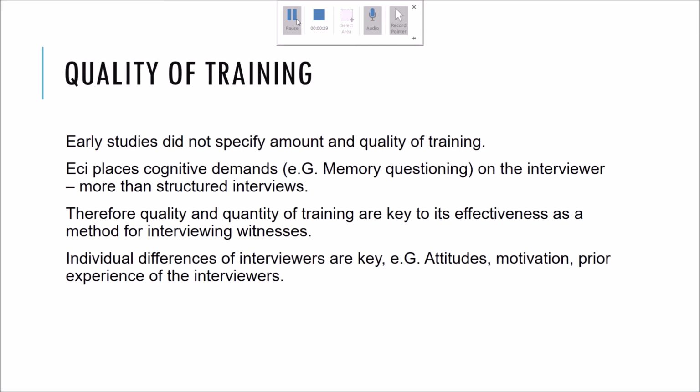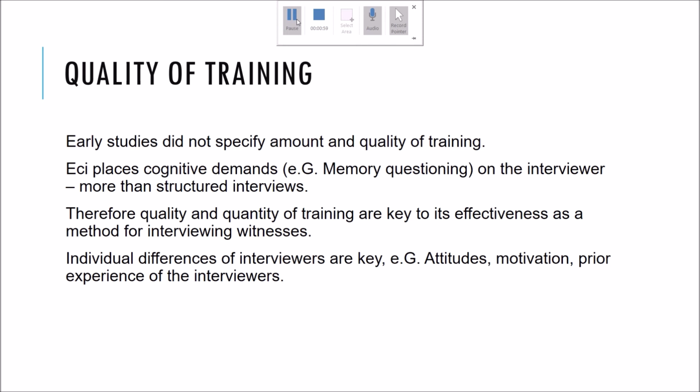We need to do more research on how these elements work, so how the change of order could improve memory, how the change of perspective can improve your recall of events, rather than just trying to establish yes it does, no it doesn't. We're trying to do some potentially future research on how that works.